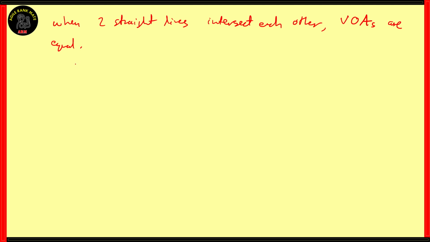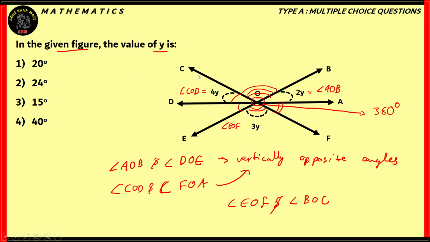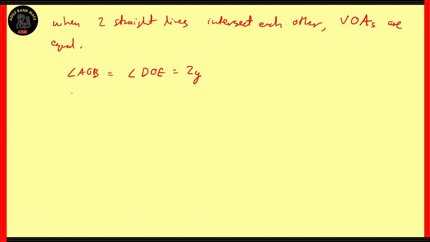So that means angle AOB is equal to angle DOE, which is equal to 2y, since the measure of AOB is given as 2y. Similarly, angle EOF is equal to angle BOC is equal to 3y. Angles COD and FOA are also equal, and their value is 4y.